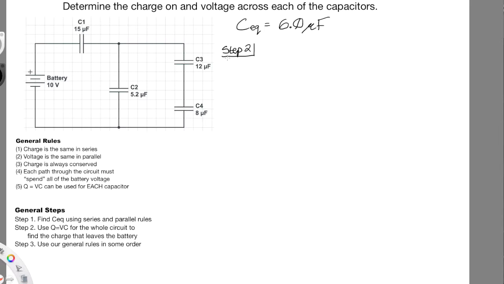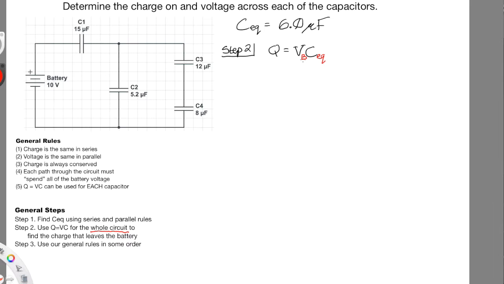There are a bunch of different ways to use the formula Q equals VC. And one of the ways is to use this formula for the whole circuit, which is what step 2 is. In terms of the formula, we want the capacitance for the whole circuit, or the equivalent capacitance. We want the voltage for the whole circuit, or the battery voltage.